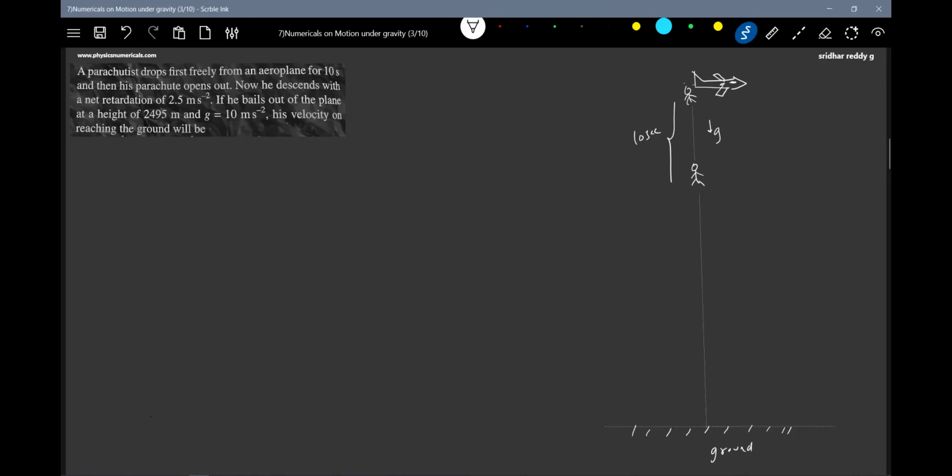After that, he will open the parachute. Now it descends with net retardation. So now what is the state of him? He is going to descend. Let me draw it. He will hold like this.